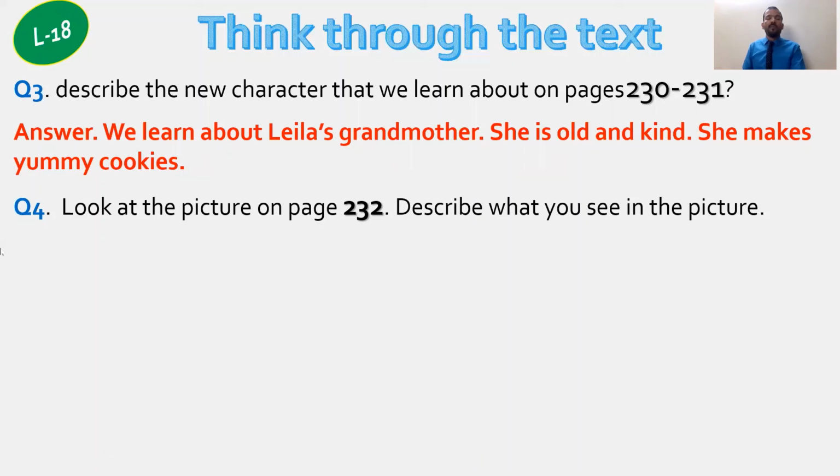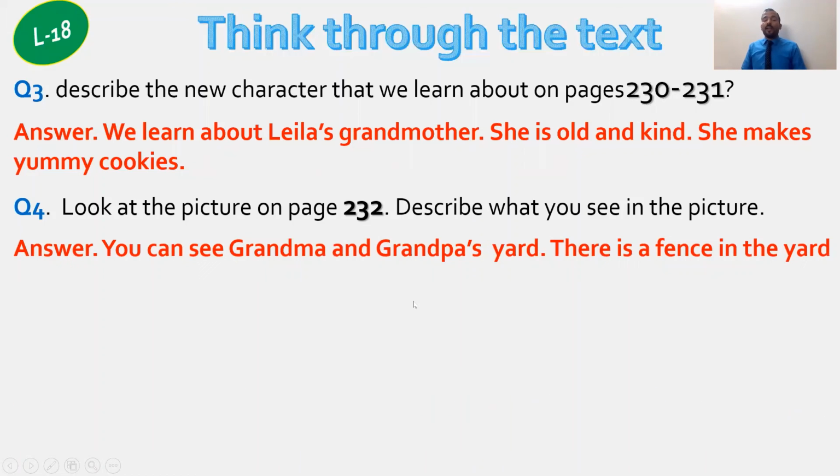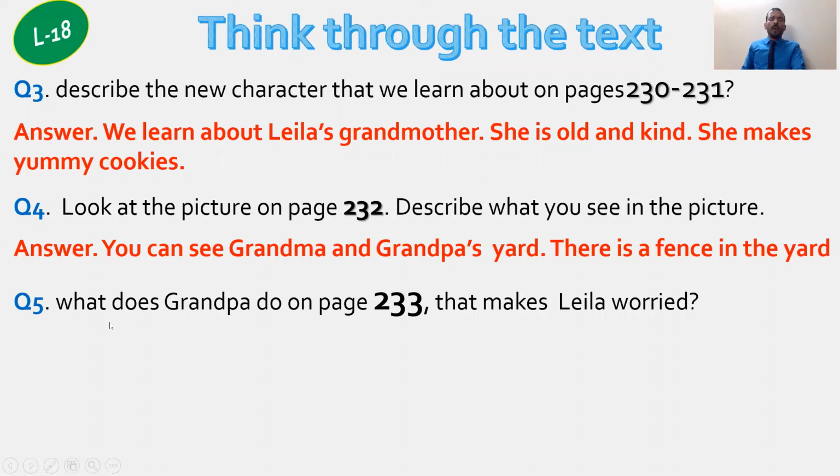Now let's move to question 4. Look at page 232 and describe what you can see in the picture. You will see the grandma and grandpa's yard. There is a fence in the yard, a fence like a wall around the yard. What does Grandpa do on page 233 that makes Leila worried?